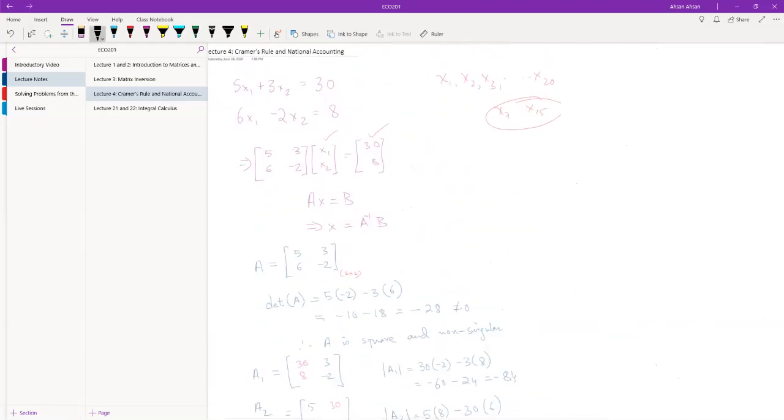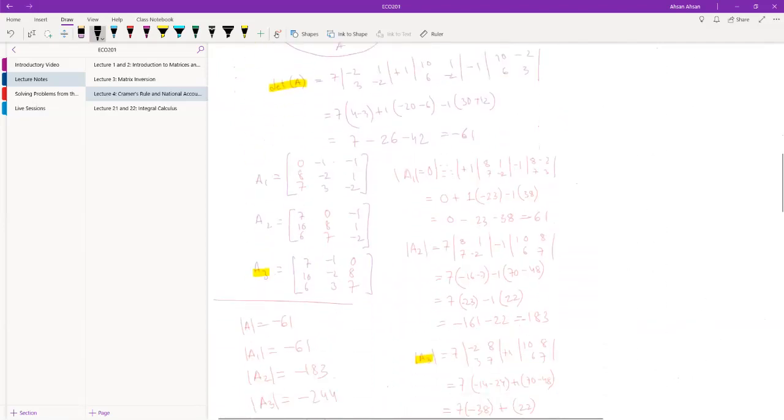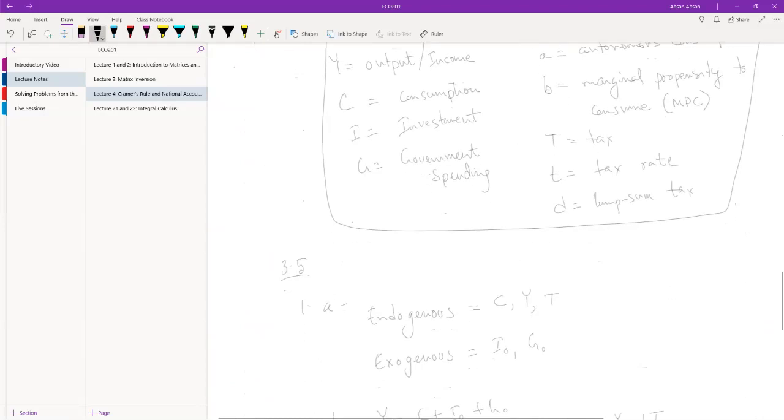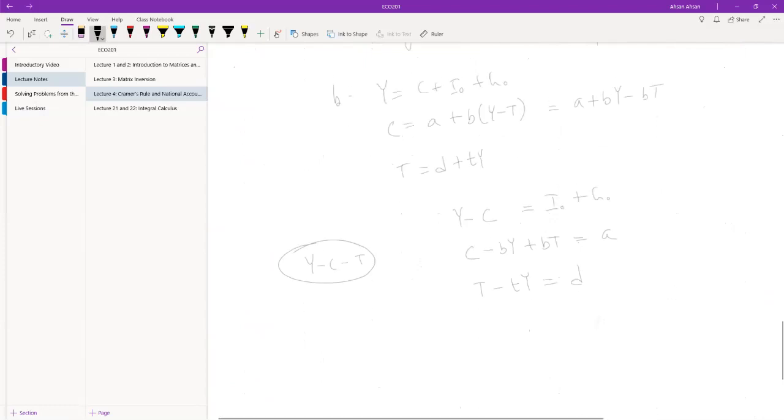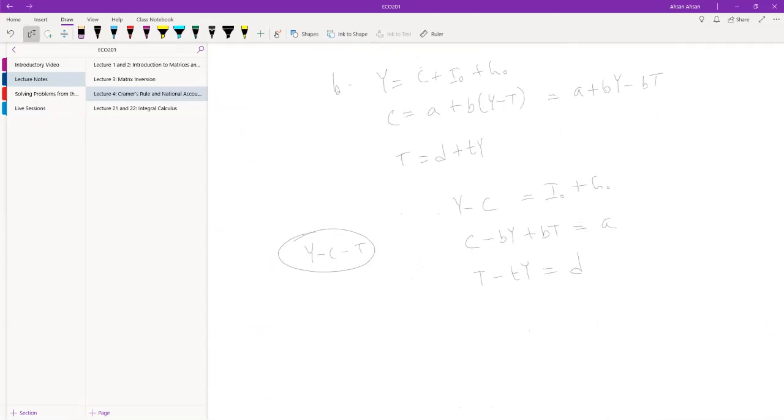So we have to maintain that relationship. Over here, we can decide on any order. The order I want to follow is Y, C, T, which means Y will come first, then C, then T. But this can be anything. You can use any order that you want. What you have to ensure is that you maintain that order throughout.